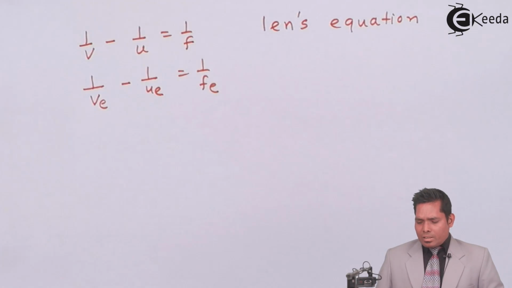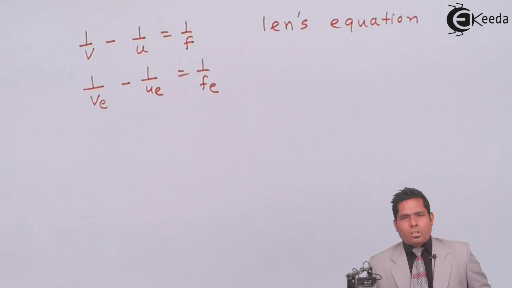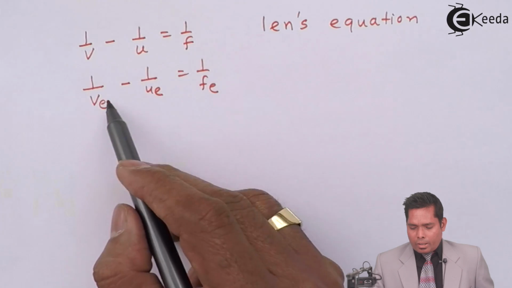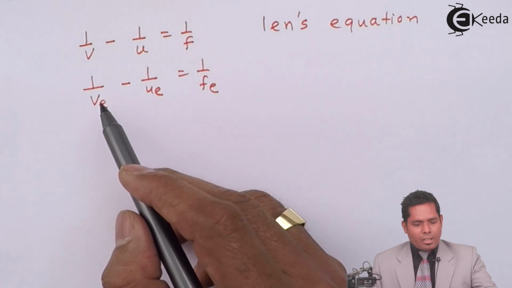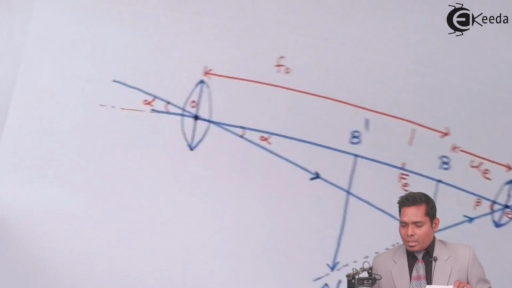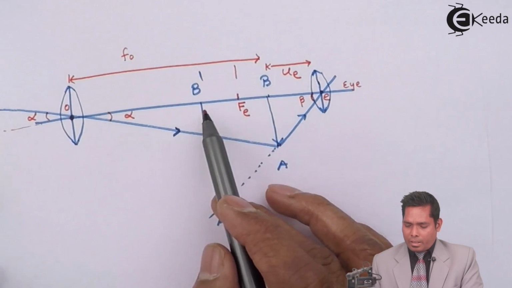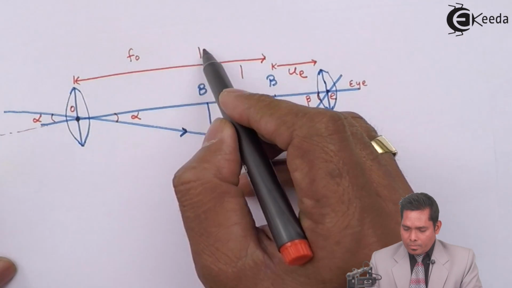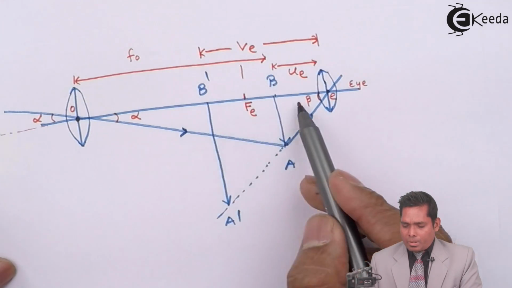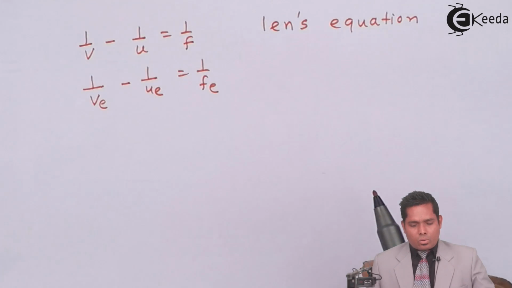Using sign conventions, for a convex lens the focal length is always positive, and depending on the position of UE and VE, they are taken positive or negative. In this situation, both the image and the object, this is the final image, this is VE, are on the left side of the propagation of the ray of light, so they are negative.